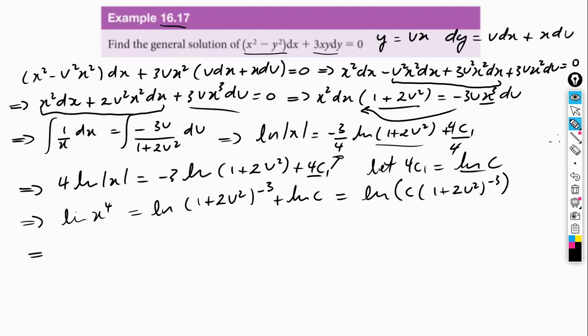So now, using Euler's number on both sides of this expression, we're going to get that x to the 4 is equal to c times (1 plus 2, and now we're going to substitute for v. Remember that v is the same as y over x, so 2 times y squared over x squared), and this to the power of negative 3.